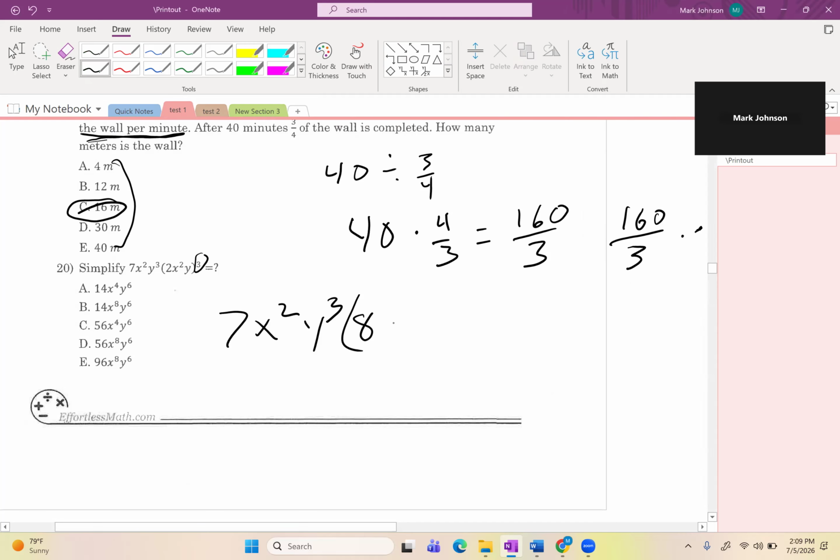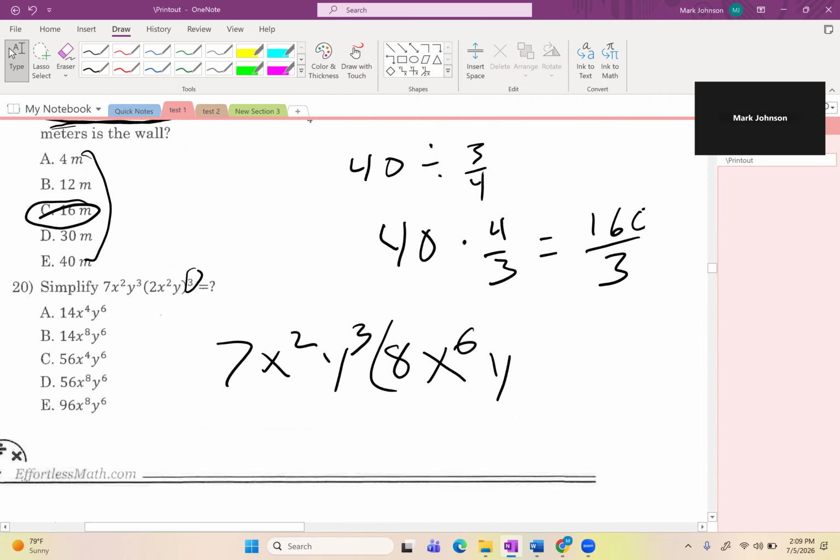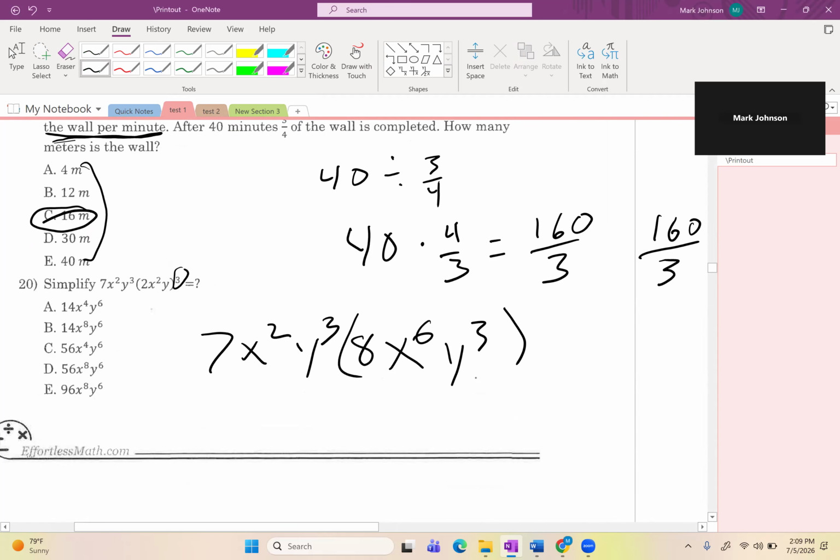And if we do x, 2 times 3 is 6, and y, that's a 1 right there, so that's going to be the third. There we go. Now we're going to multiply the numbers, and we get 56. So those are all wrong. And then we've got x, add the numbers now. So x to the 8th, y to the 6th, and we've got D. All right, let's stop there for this video.